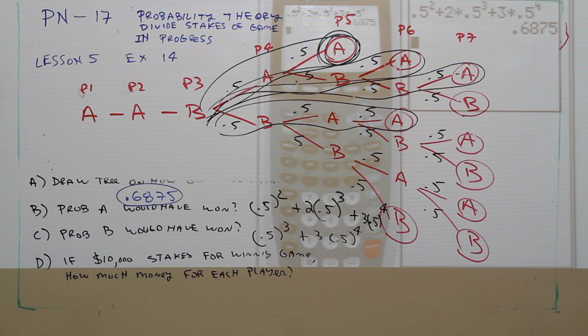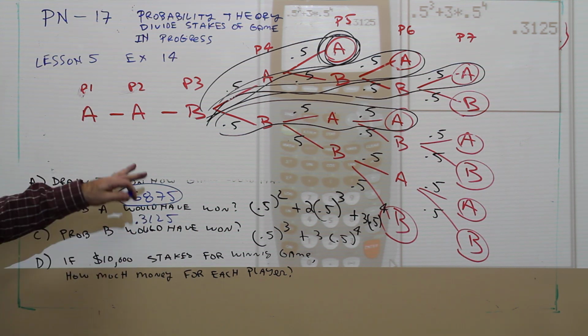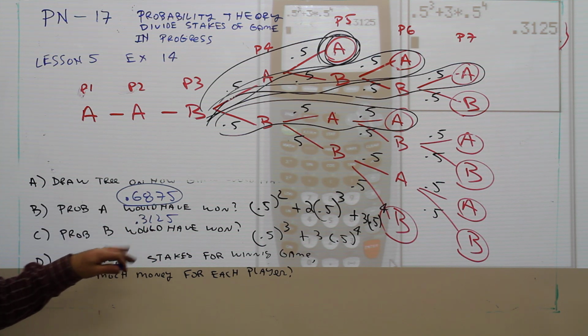Let's hope that happens. For B, I've got 0.5 cubed plus 3 times 0.5 to the fourth, and I get 0.3125. Those will add up to 1, so that makes sense.